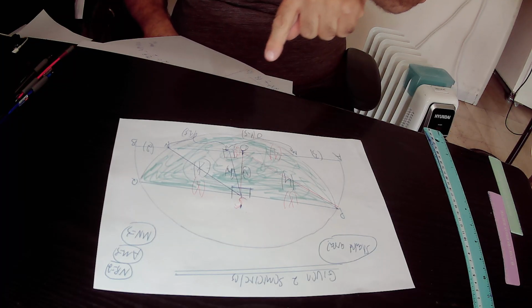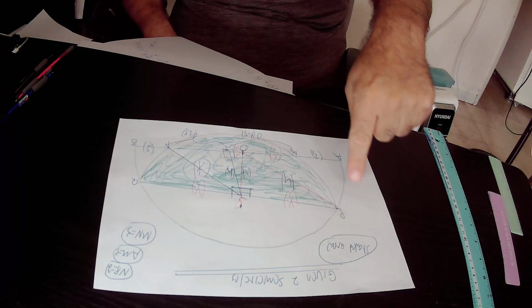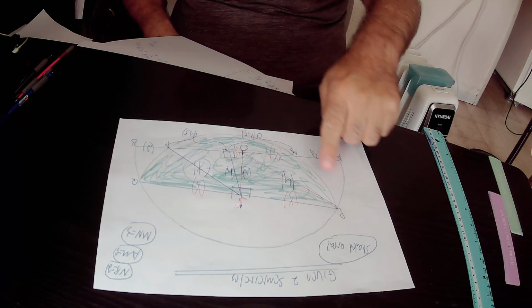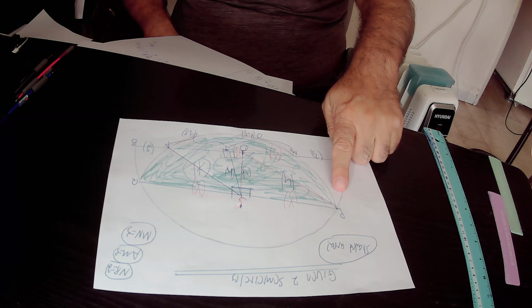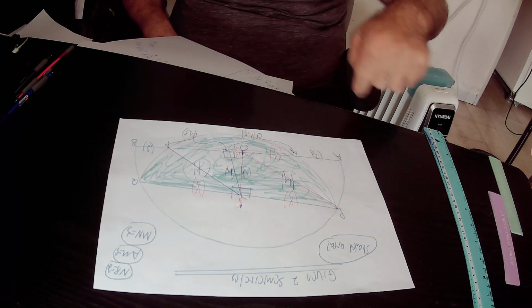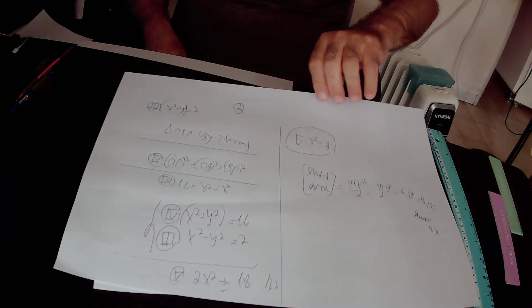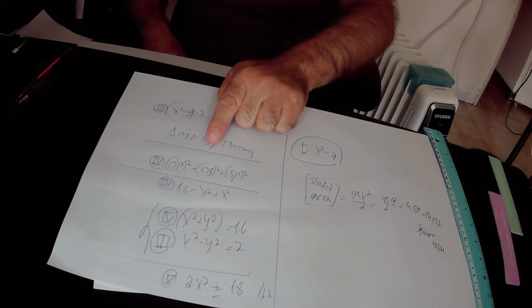In the next step, we implement the Pythagoras theorem on this right triangle SPO. OP squared, that is the square of the hypotenuse, equals OS squared plus SP squared.